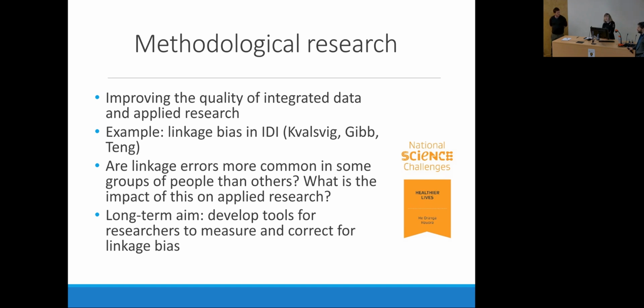As for whether we've reached peak IDI, I don't know, but I do like the phrase. There are definitely plans to add additional data. So big things that are going in the next wee while are the New Zealand Health Survey, which will be really useful. It will be added by the end of this year, with the caveat that it will only be able to be linked to health data and not the other types of data in the IDI.